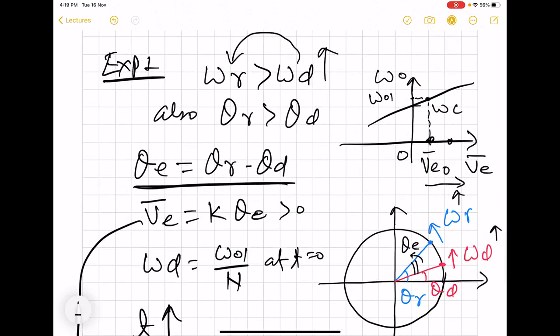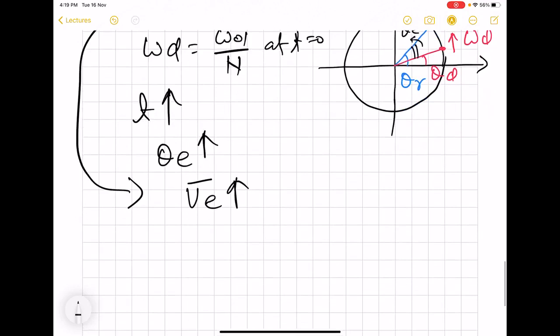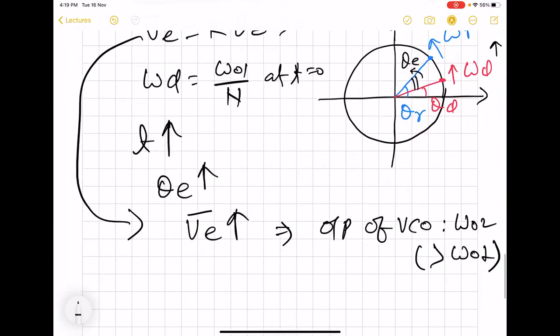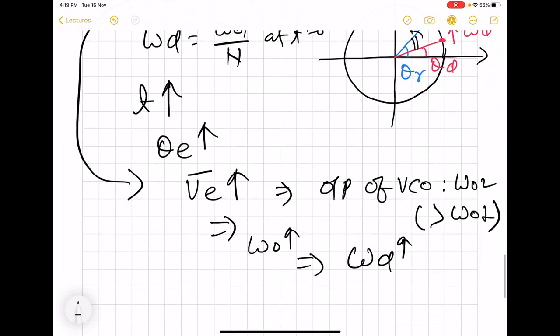So when VE bar increases, the output of this VCO is now going to produce a frequency omega naught 2, which is going to be greater than omega naught 1. So in this way, we see that omega naught goes up, and this ultimately implies omega d will also increase.